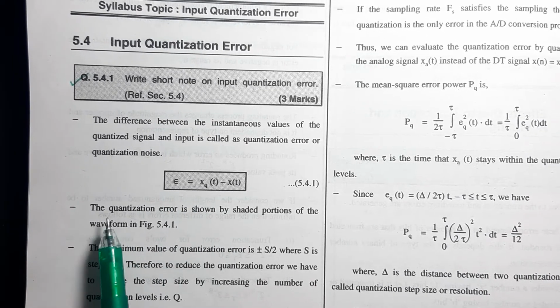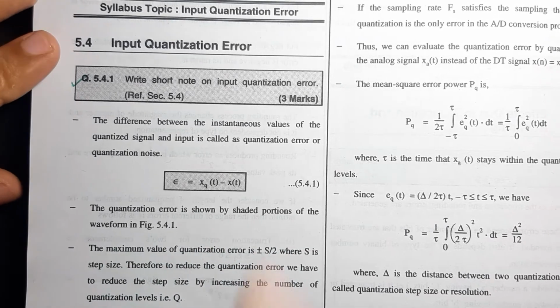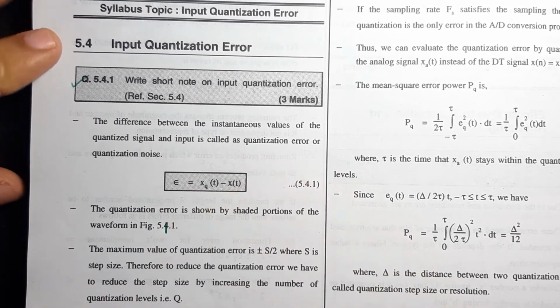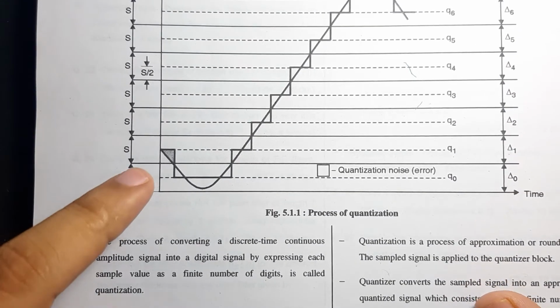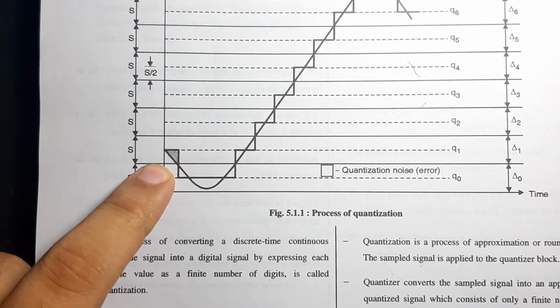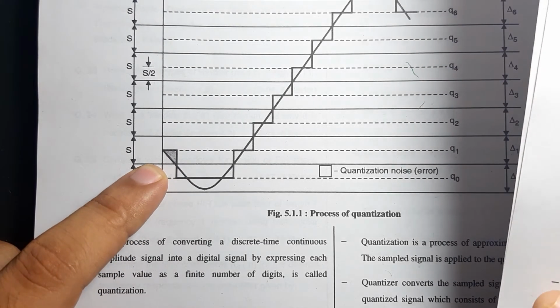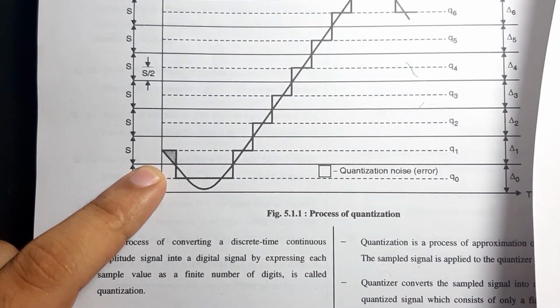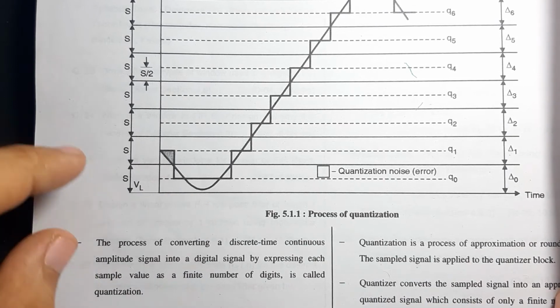Now, the quantization error is shown by the shaded portion of the waveform in figure 5.1.1, as you can see over here. The one which is present over here, the shaded one, is the quantization error, and the maximum value of quantization error is plus or minus s by 2, where s is the step size.